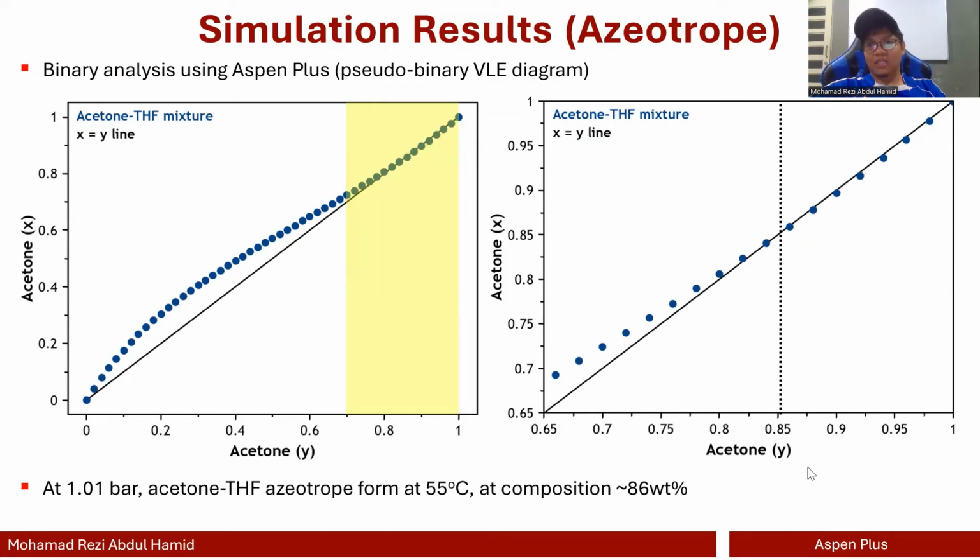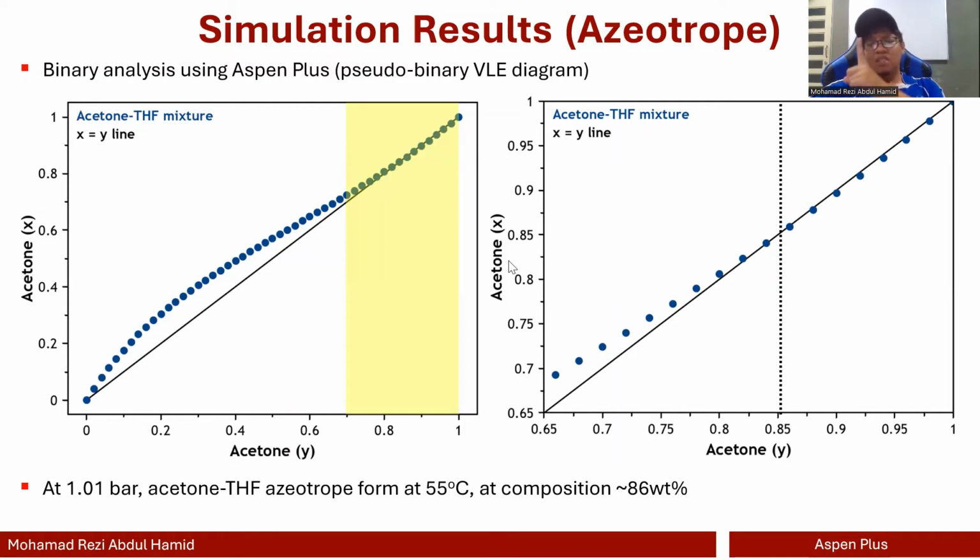These are x. Just want to remind you, they form the same composition for liquid phase and vapor phase, and this actually occurs at 55 degrees Celsius. I checked with other references and they are similar as well.